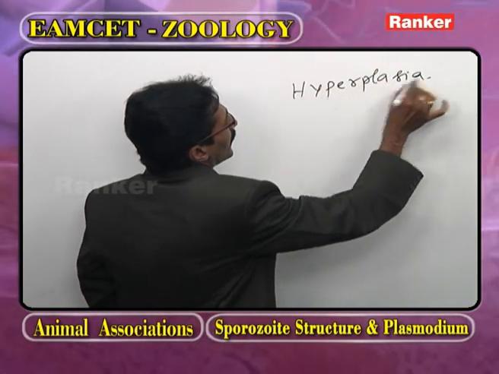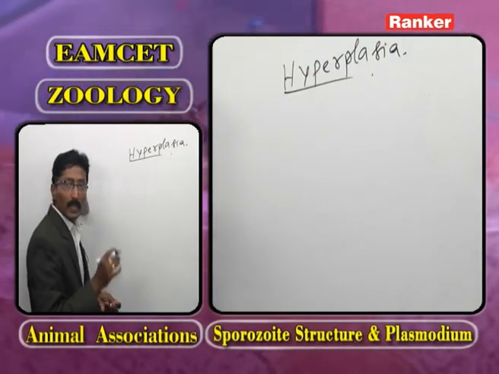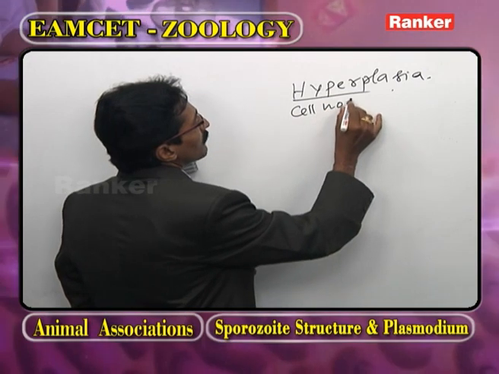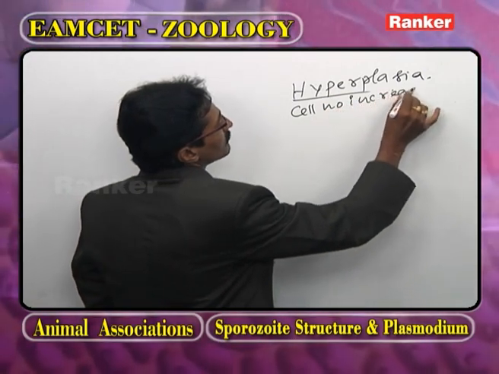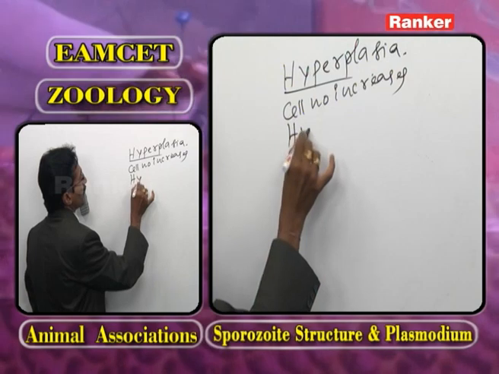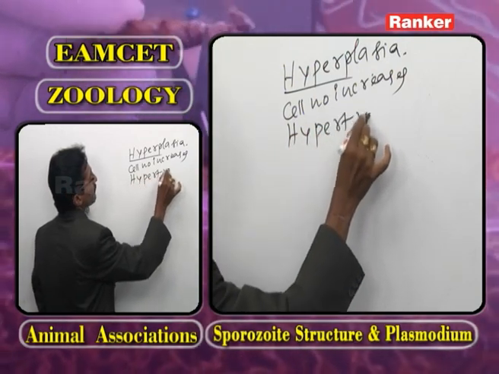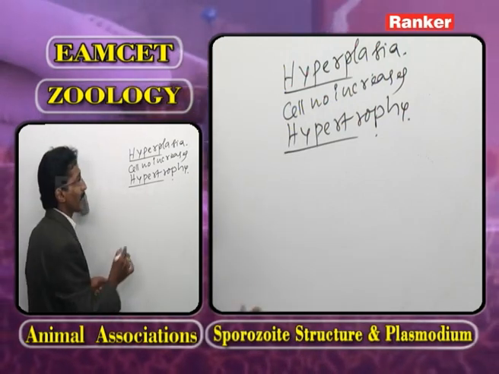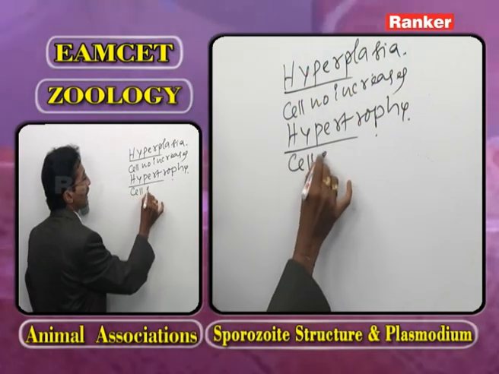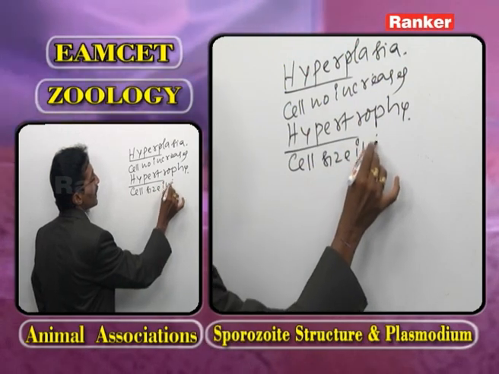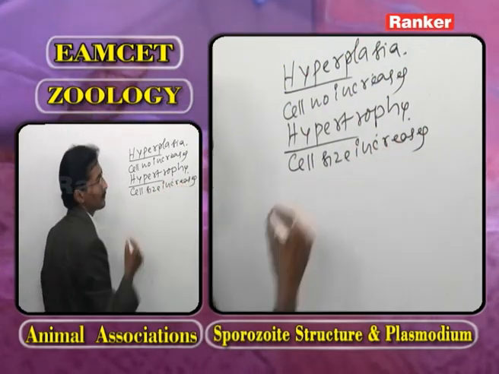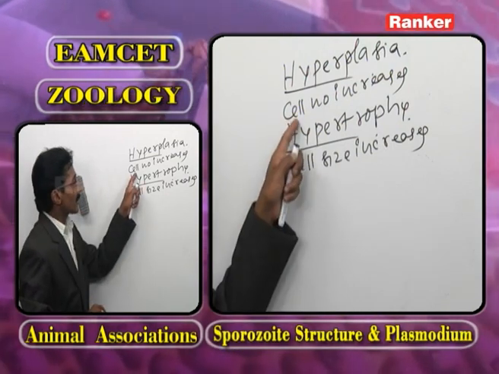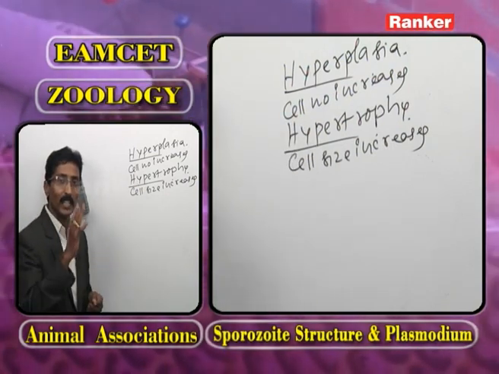What is meant by hyperplasia? Because of the parasite in the host body, the cell number increases. What is meant by hypertrophy? Because of the parasite in the host body, the cell size increases.